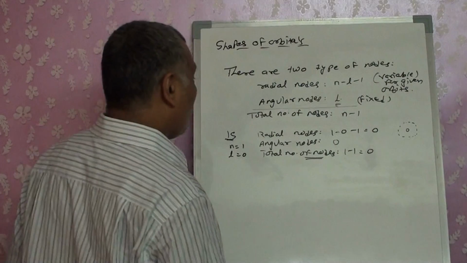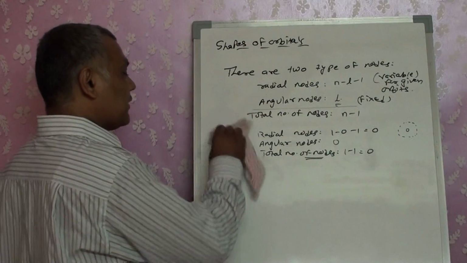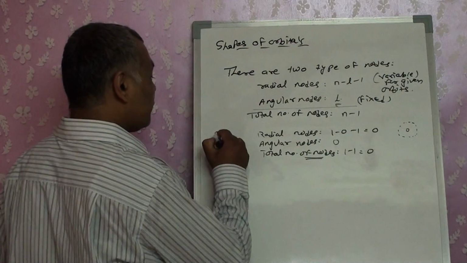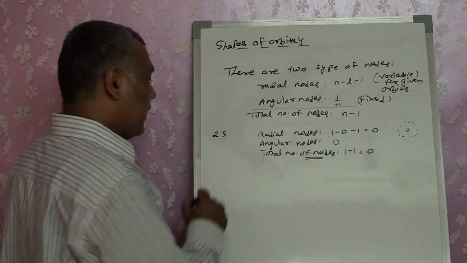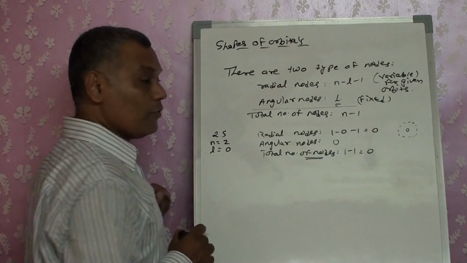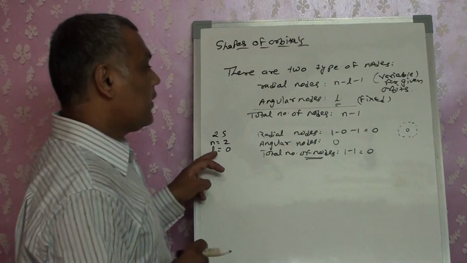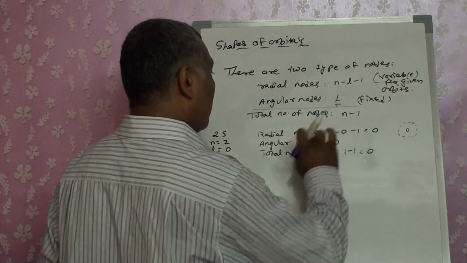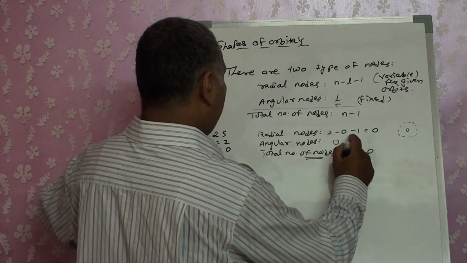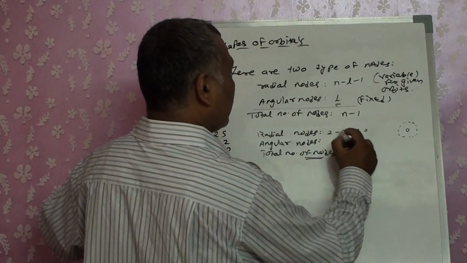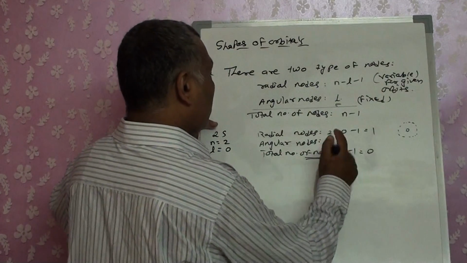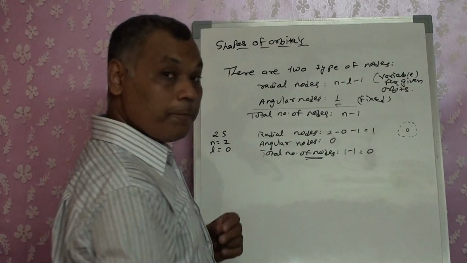Now if I go for 2s in place of 1s, the values are going to change. For 2s, n is equal to 2, l is equal to 0. Our radial node value will be 2 minus 0 minus 1, which is 1. Angular node is going to remain 0.